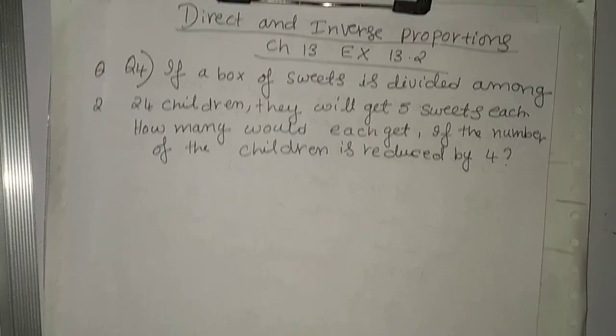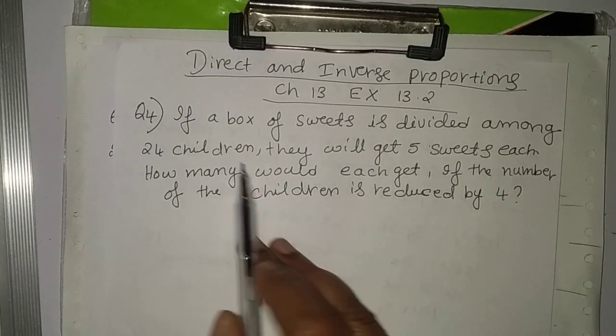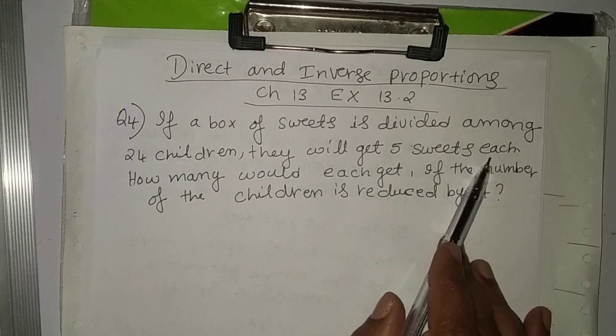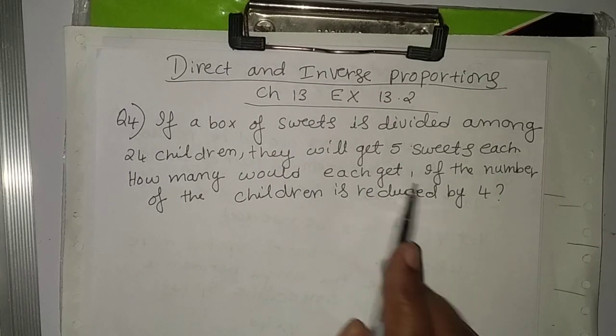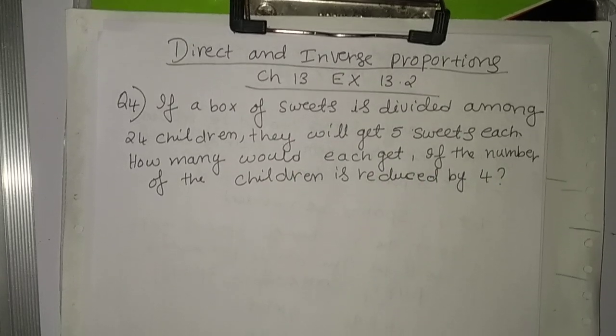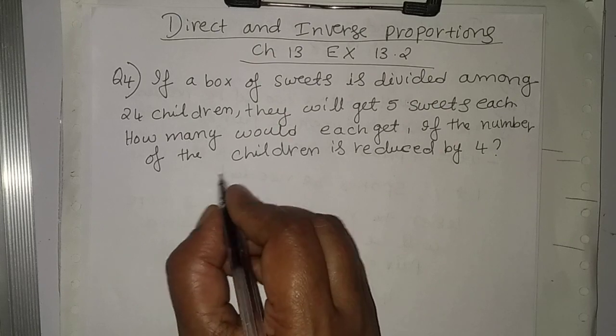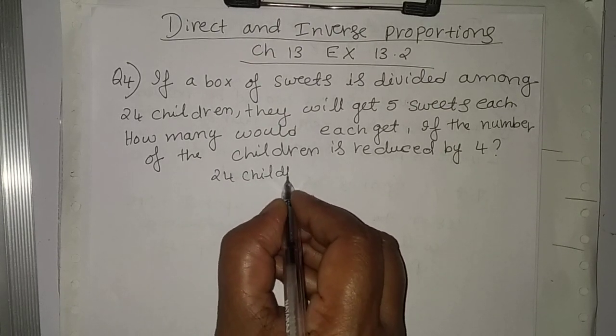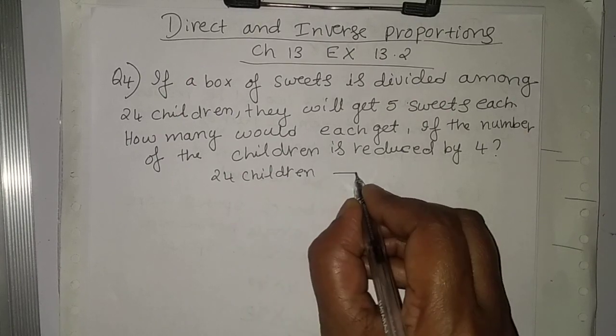The fourth problem is: if a box of sweets is divided among 24 children, they will get 5 sweets each. How many sweets would each child get if the number of children is reduced by 4? So see, 24 children are there, a sweet box is there.